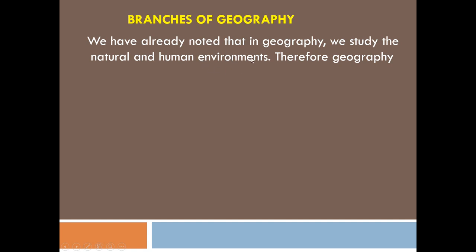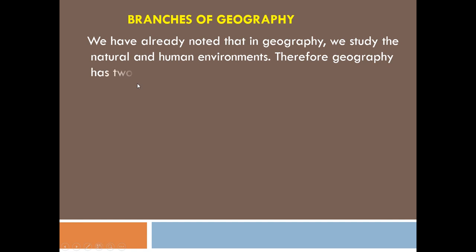And an environment simply means the things which are in our surroundings. In the natural environment, these are things which naturally occurred or which were created by God. Then the human environment, these are things which have been put in place by human beings or people.